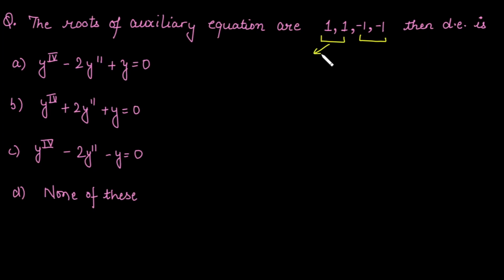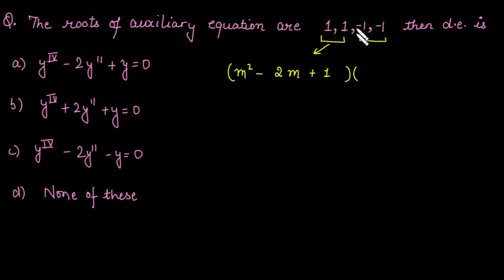So when we have this 1, 1 root, what is the auxiliary equation? It is m square, because 2 roots we are considering in this case, minus m plus some constant. Now what is the sum of this one? That is 2. What is the product of this one? That is 1.